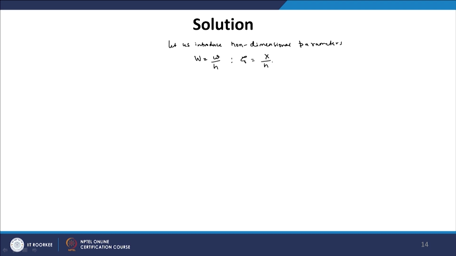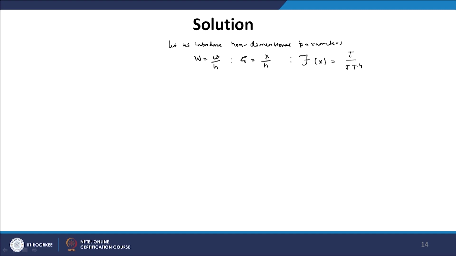Okay. So, these non-dimensional parameters we have introduced, and we have also introduced a non-dimensional function phi, which is equal to radiosity J divided by sigma T power 4.